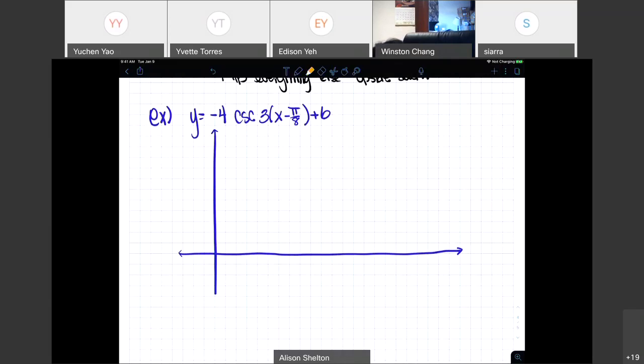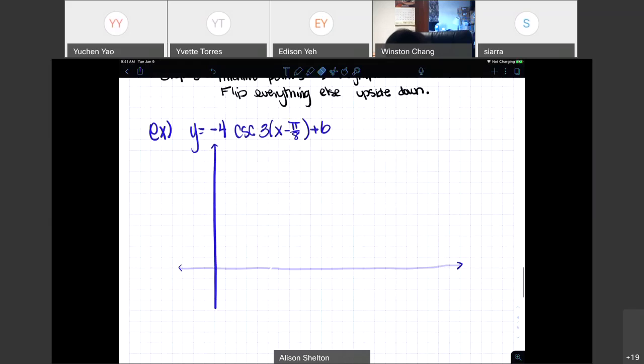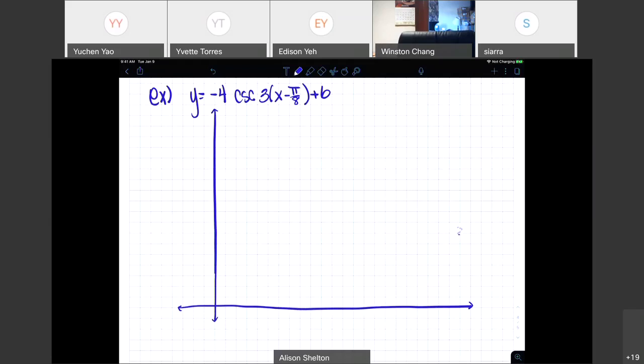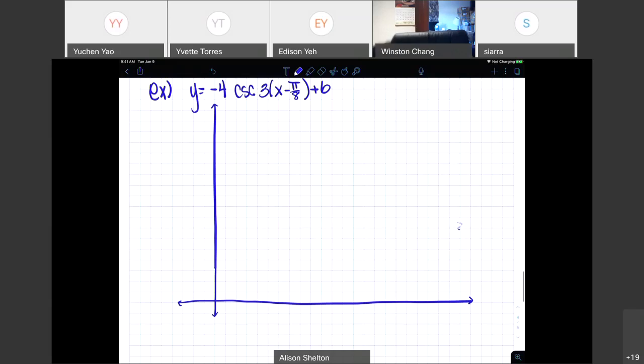Matter of fact, I'm thinking of making it even lower. So we're going to still start out the same. It was a shift of pi over 8. Let's make pi over 8 about right here.